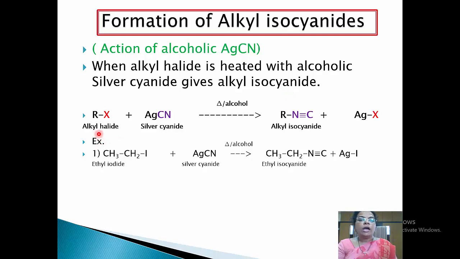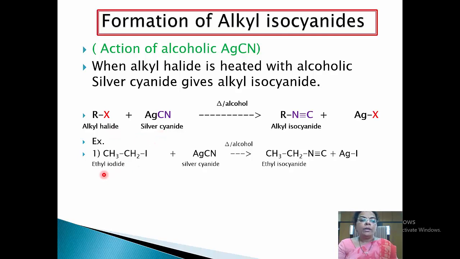The general reaction is RX, alkyl halide, when heated with AgCN, silver cyanide, in alcoholic medium, gives RNC, that is alkyl isocyanide, plus silver halide. In this reaction, the halogen atom is replaced by the isocyanide group, that is the NC group.